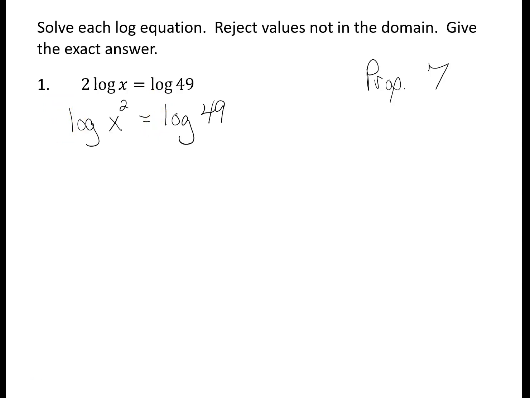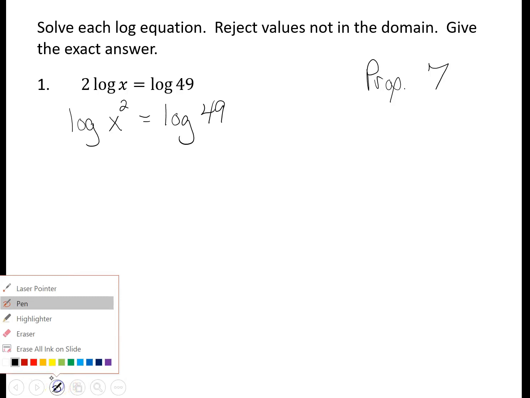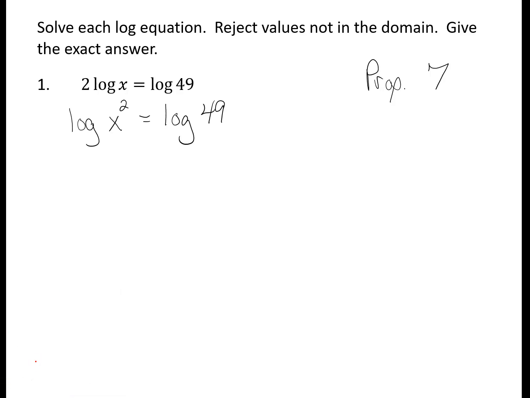So the next step is to use the one-to-one property. If log of m equals log of n, then m, this is our m, must equal n. So basically you're just dropping the logs off and you're going to set x squared equal to 49 and solve that equation. It's a quadratic equation. It doesn't have an x term, which means we can solve by the square root method. So if I square root both sides, on the right side it's plus or minus square root of 49, which is a perfect square.